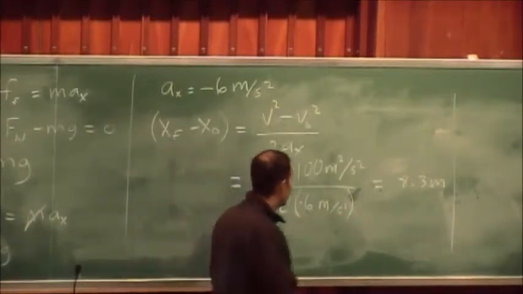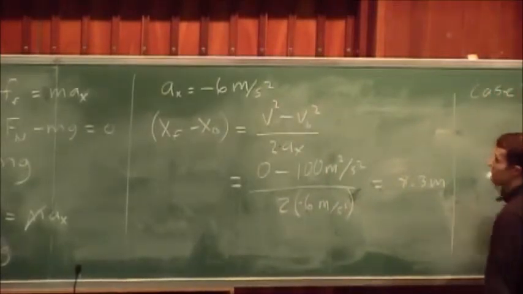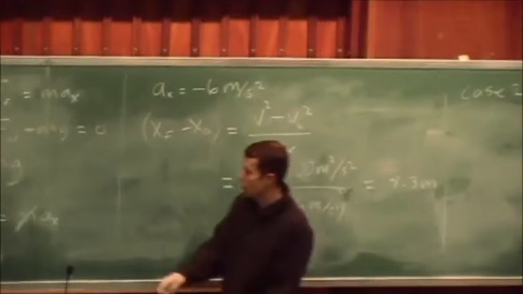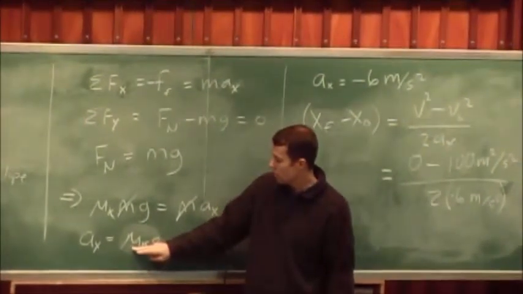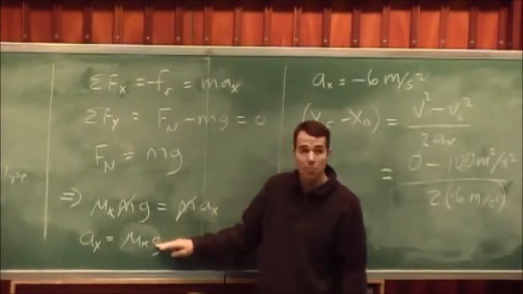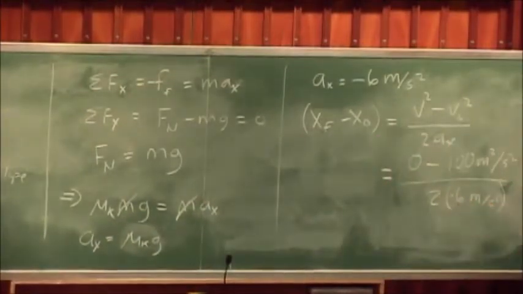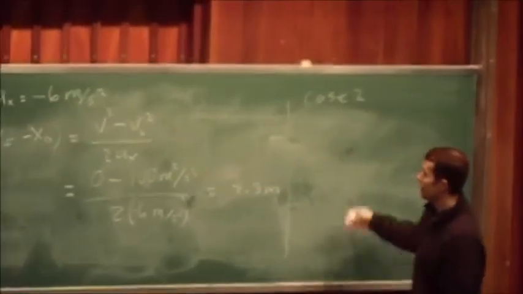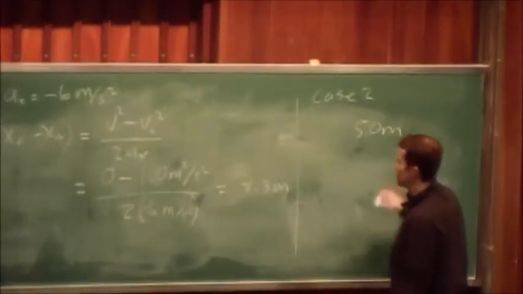Okay, that's a pretty dramatic difference. All we did in this case is we said ax is equal to mu k g. If mu k is just 0.1, I get 0.1 times 10, so I just get 1 meter per second squared. I plug that back in down to here, and I find that the distance is about 50 meters.